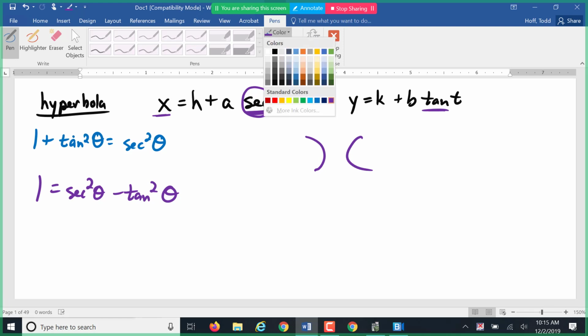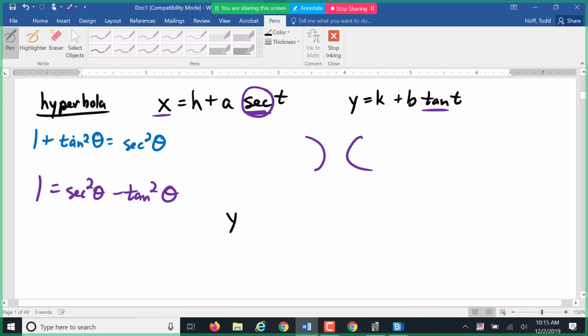If it were the other way around, if the secant were with the y, so if x were h plus a tangent t, and y is k plus b secant t, that one then would be opening vertically, up and down.